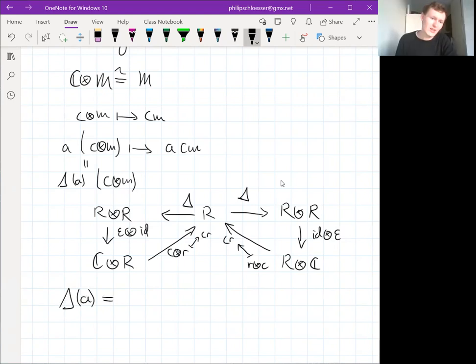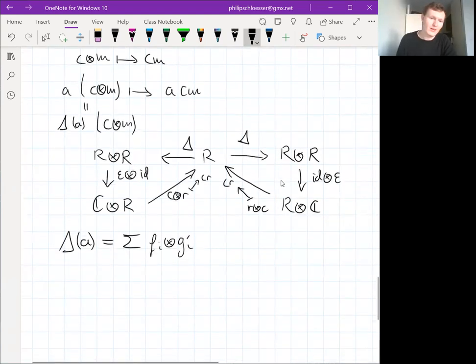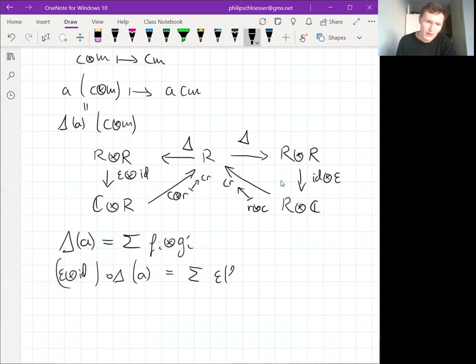It just means that if delta A, we can write it as the sum of Fi tensor Gi, and then we apply epsilon times identity to that. So then we have epsilon Fi tensor Gi, and then we map.